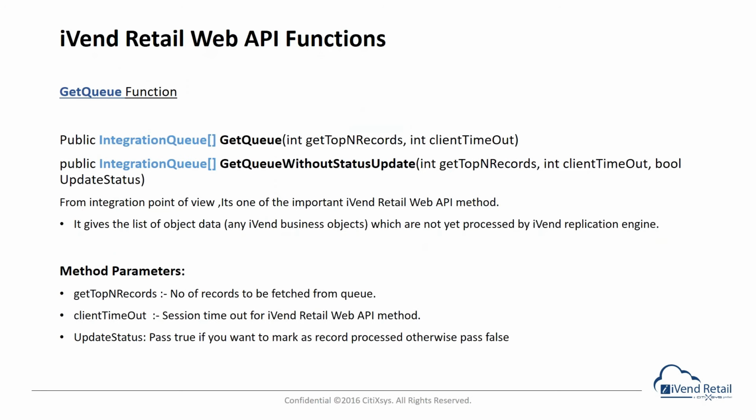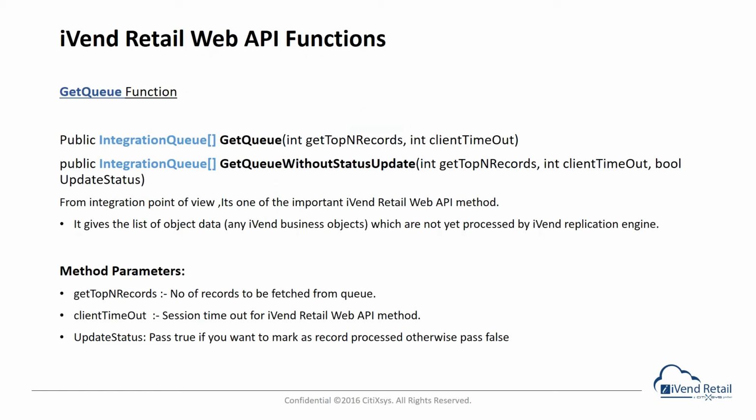Good, great. So the next topic is that we have a get queue function available in the iVend API. Generally, when you do integrations, you always have iVend on one side and a third-party application on the other side.